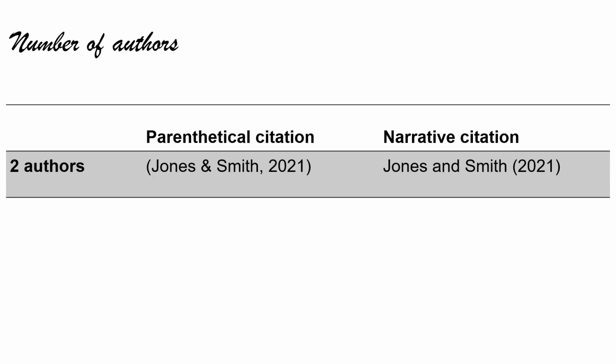Now, if you have two authors, add ampersand, comma, then the year within the parentheses. For narrative citation, add "and," and only the year of publication is enclosed in parentheses.